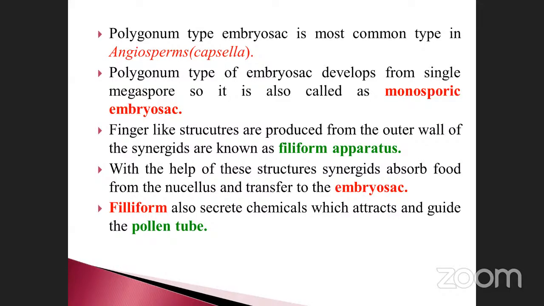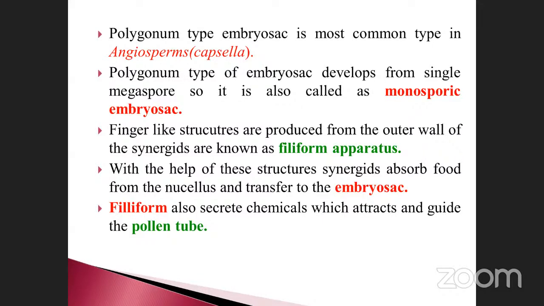With the help of these structures, synergids absorb food from the nucellus and transfer it to the embryo sac. The filiform apparatus is also used for transport of nutrition to the embryo sac.